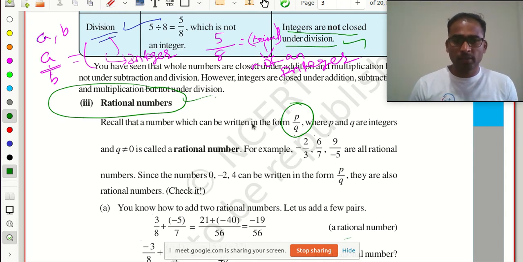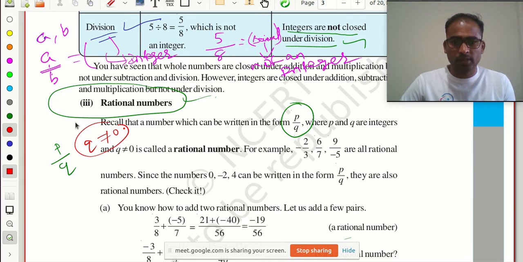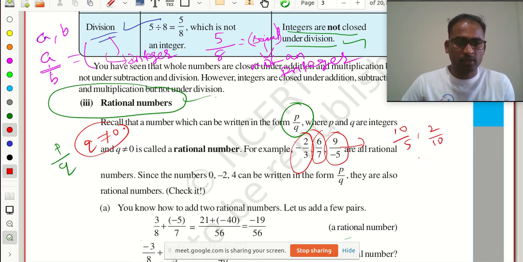We call this form a rational number. Examples of rational numbers are minus 2 by 3, 6 by 7 and 9 by minus 5. We can say 10 by 5 or 2 by 10, 3 by 6 or 6 by 3. These are all rational numbers.